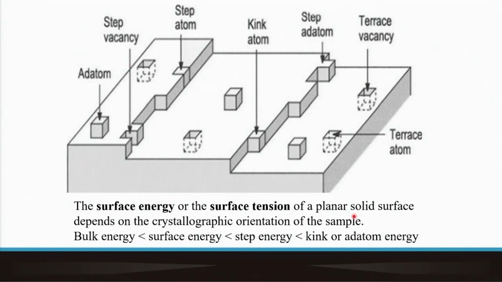So the adatoms or the individual atoms on the surface are least stable, and of course this is the most stable configuration. And surface energy actually is contributed because of the effect of opening up unsaturated bonds and lack of continuity at the surface.